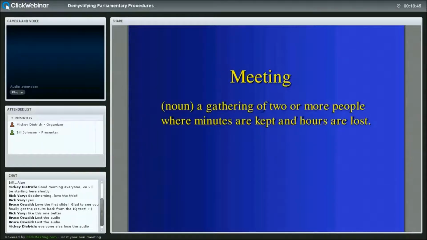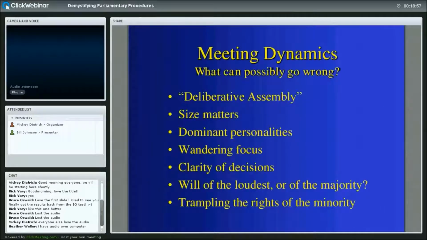A Robert's Rules meeting is very orderly, has specific orders of business, has specific ways to get to a decision, a nice orderly way to get to a decision, and hopefully this definition will not be met if you follow the rules well.